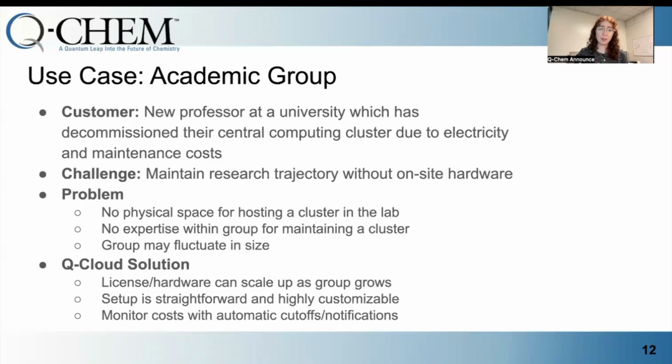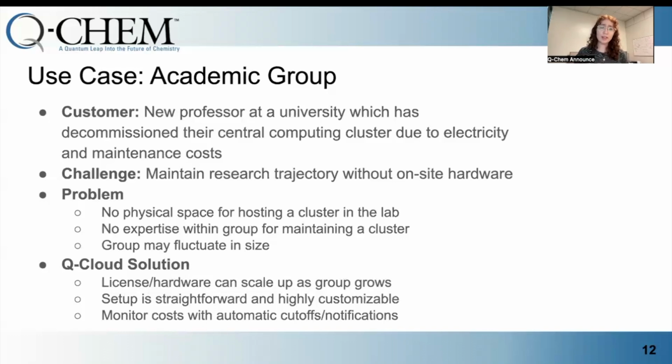There may not be expertise within the group for maintaining a cluster, and even if there is, if you have a group of graduate students, you don't want them wasting a bunch of their time on something you didn't hire them to do. You hired them to do research work, not to maintain your cluster for you. Also, the group might fluctuate in size a little bit.